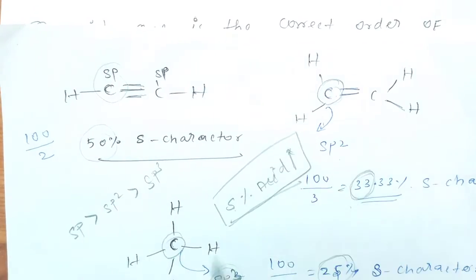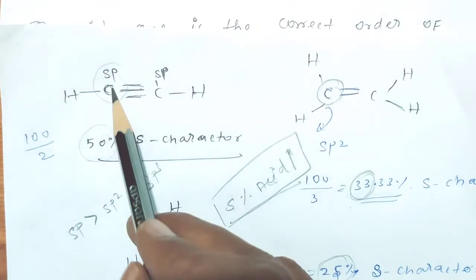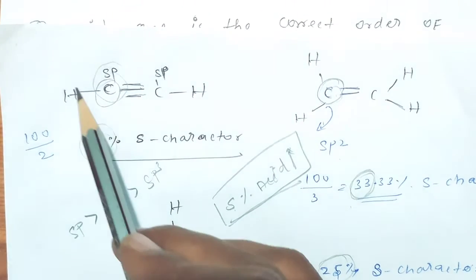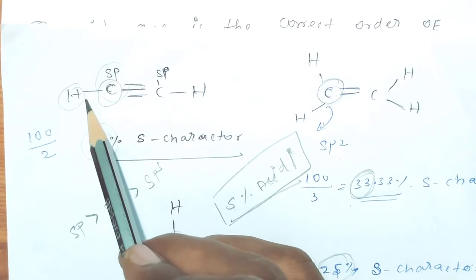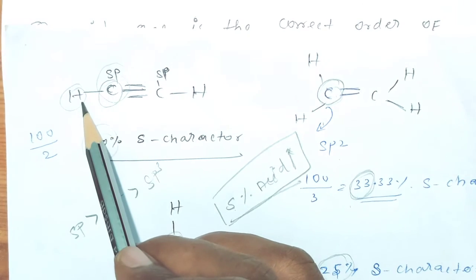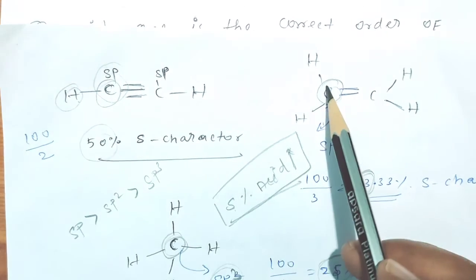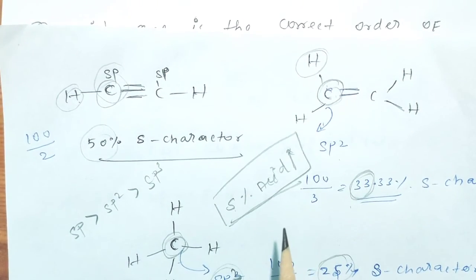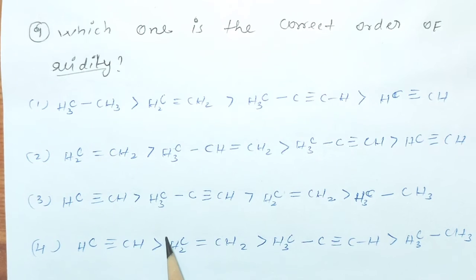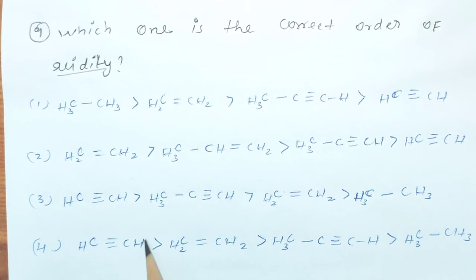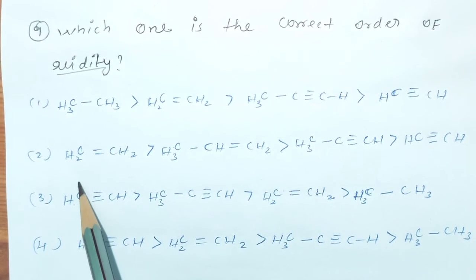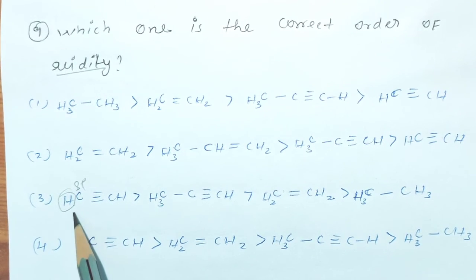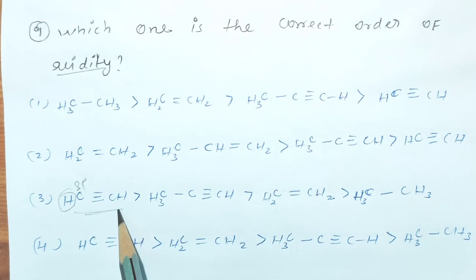So between these three compounds, this is the more acidic carbon, this is the less acidic carbon, so the corresponding hydrogen is also more acidic, right? So the sp carbon hydrogen is more acidic compared to this one, and this one is more acidic compared to this one. Here four options are given. You see the third one, here this sp carbon, so the corresponding hydrogen is more acidic, so that compound is the more acidic compound.